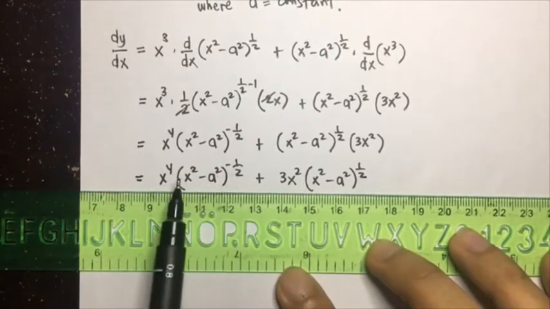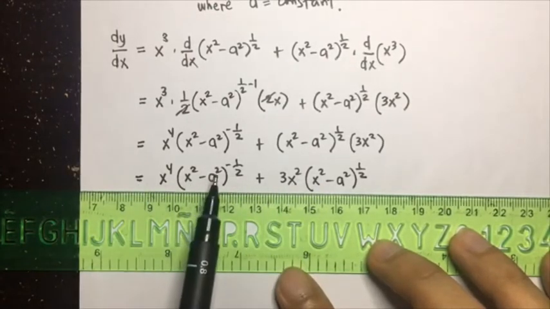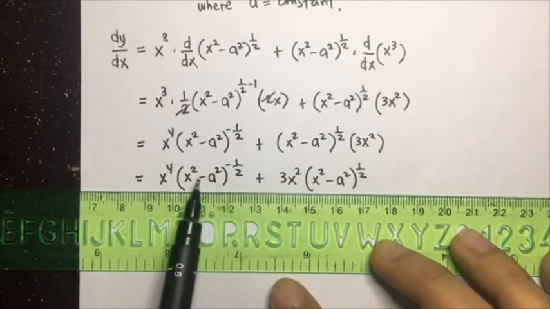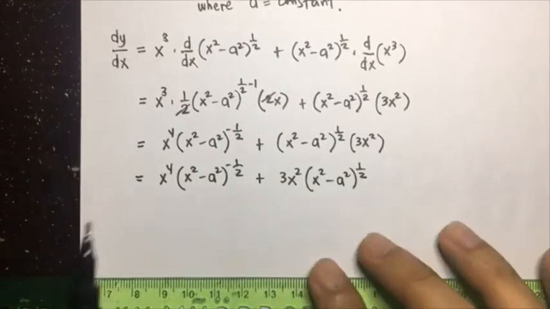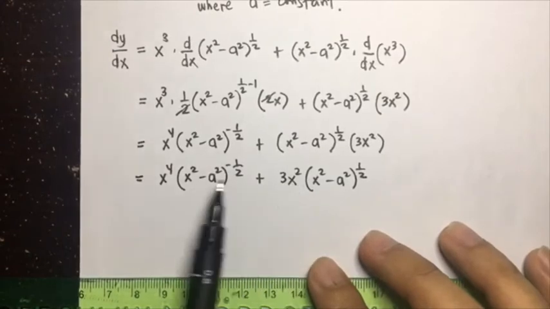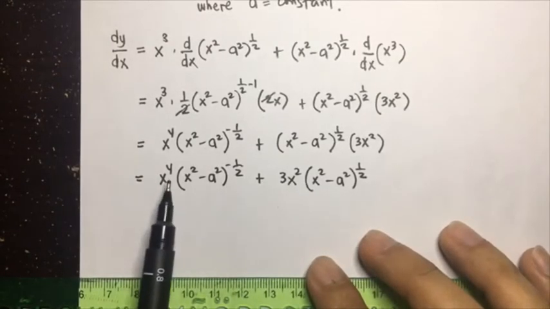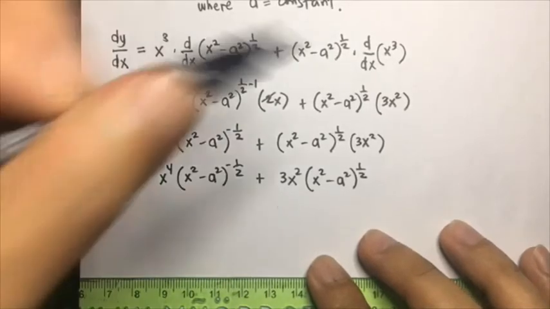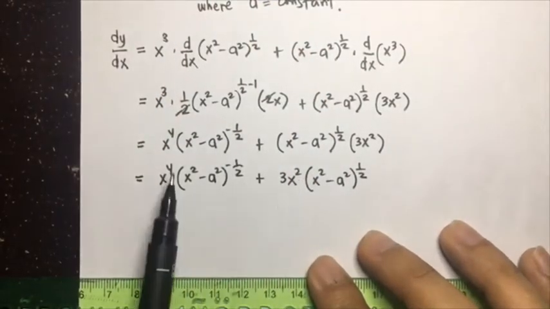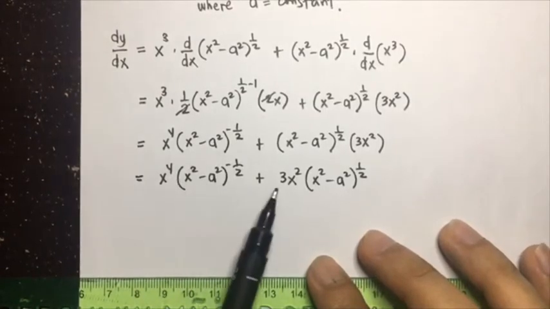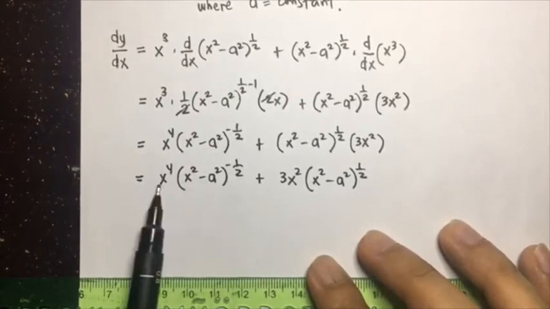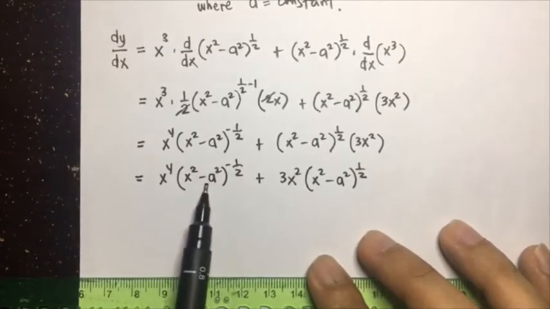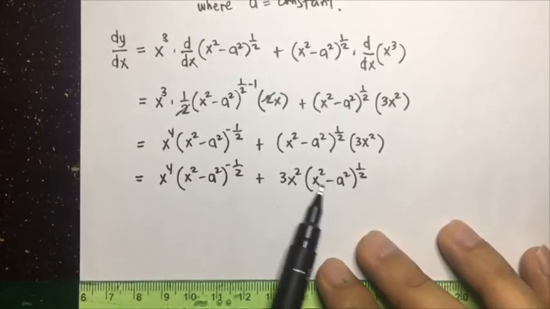But if you want your answers to be more compact, then you can factor. So factor your answers. For this answer, our greatest common factor, for x, is x squared. And then here we have x squared minus a squared, and x squared minus a squared here.